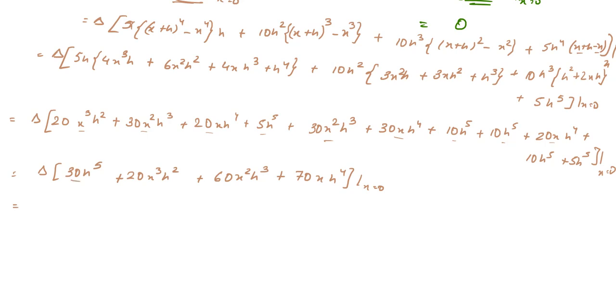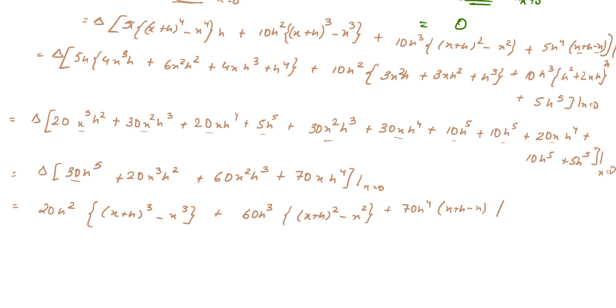Since there is no x, this is a constant, so we will eliminate this portion and we are left with 20h square. This will be x plus h whole cube minus x cube plus 60h cube. Here we have x plus h whole square minus x square. Then we have 70h to the power 4, simply x plus h minus x, and now this is x is equal to 0.